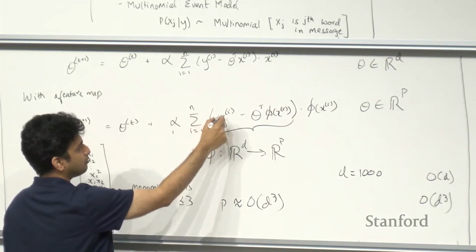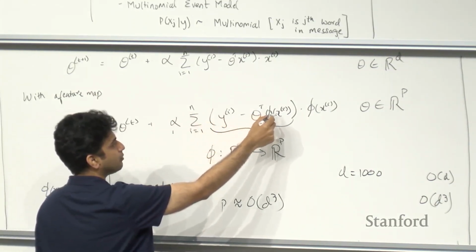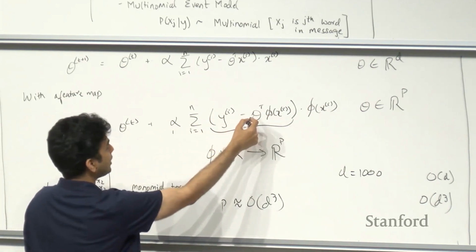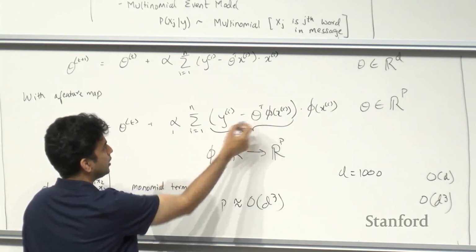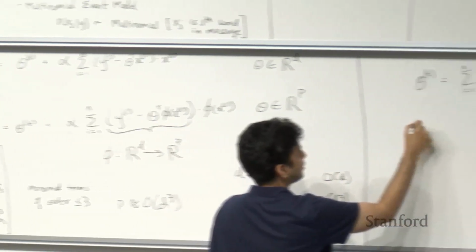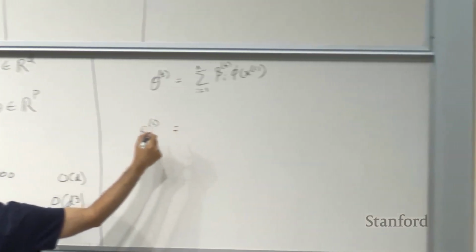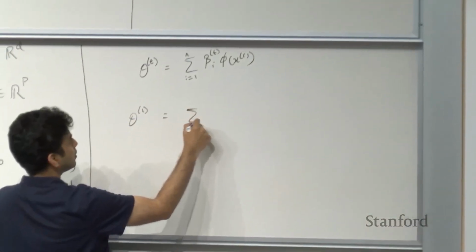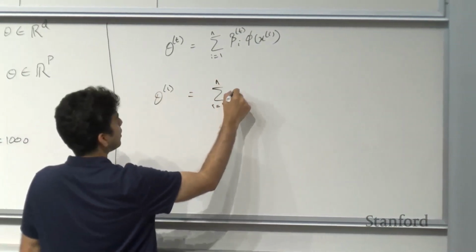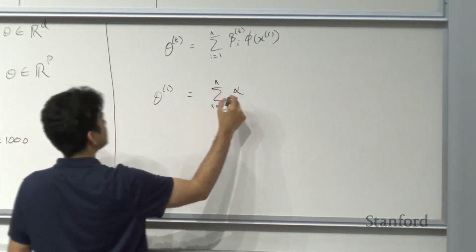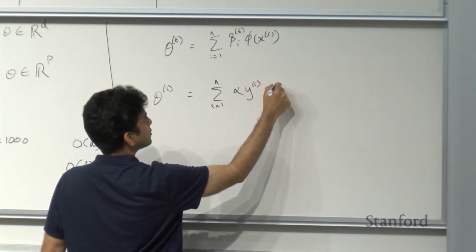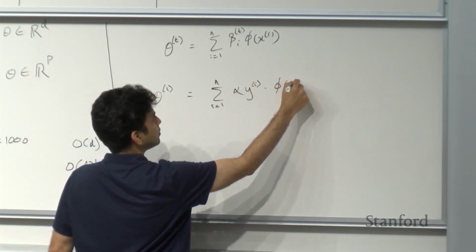So theta 1 will be the sum from i equals 1 to n of alpha times yi times phi of xi.